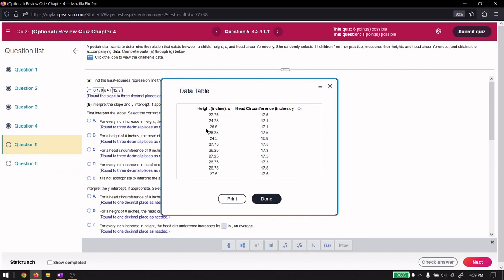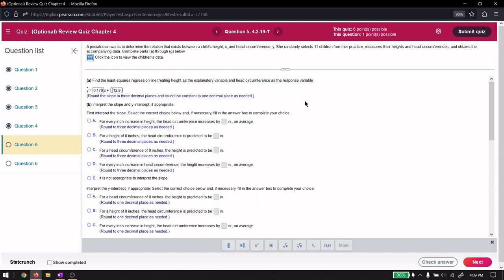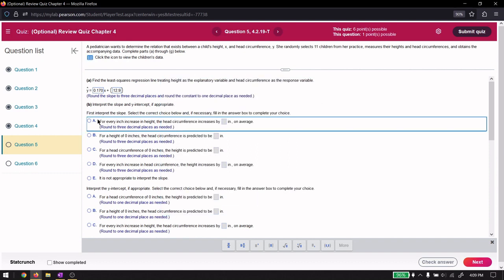X is always on the bottom, so it's going to be per whatever the x unit is, so per inch in height. So for every inch increase in height, the head circumference increases, because the slope is positive, by 0.17 inches on average.